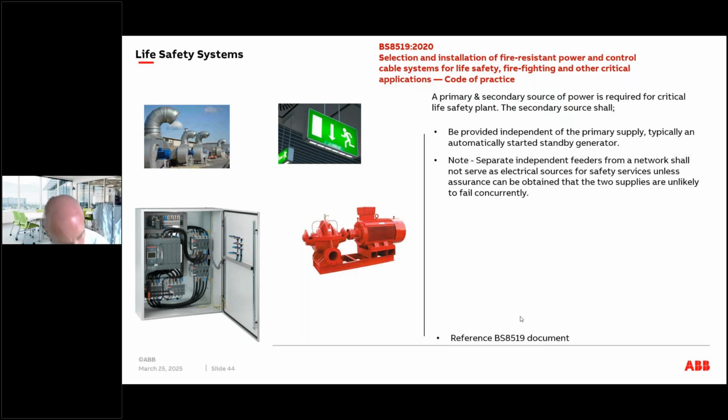We sometimes see this on big hospital schemes where you've got two MV networks within the utility, and again the chance of both failing is a risk assessment done by the designers and the local suppliers.